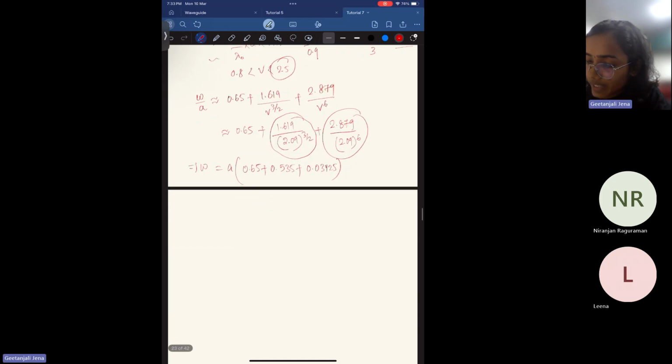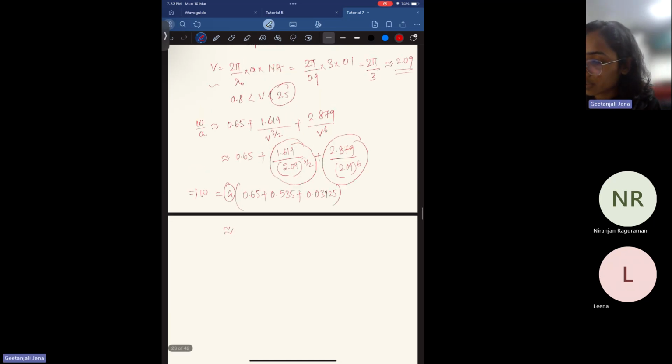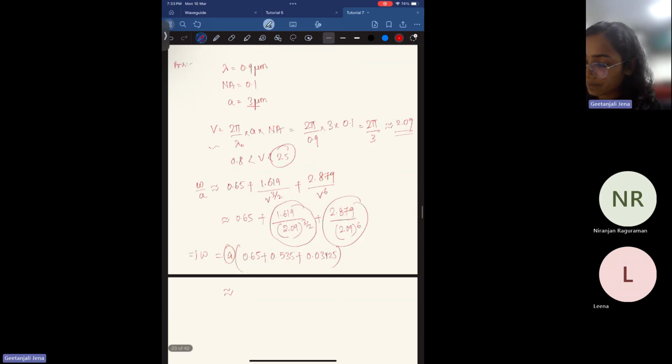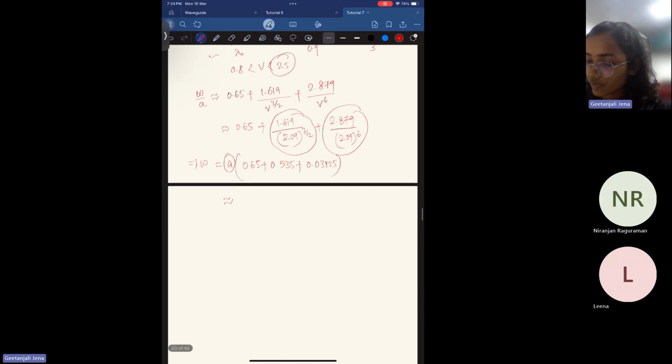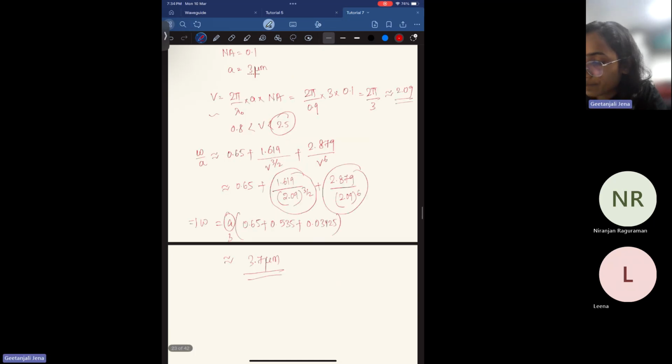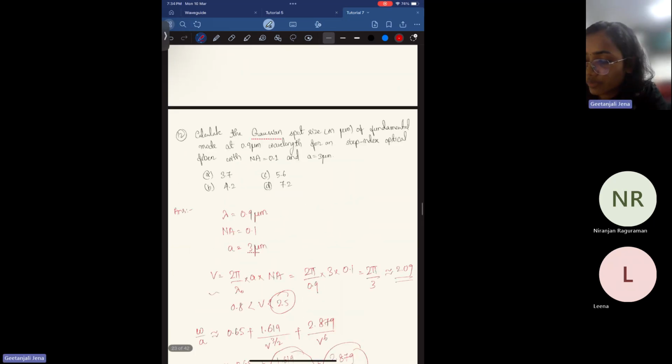And a is already given, I think a is 3 micrometer. Yes. So when you multiply it with 3, it will give you a value of 3.7 micrometer. Okay. Answer will be option A.